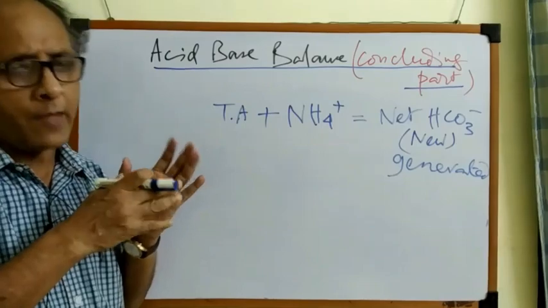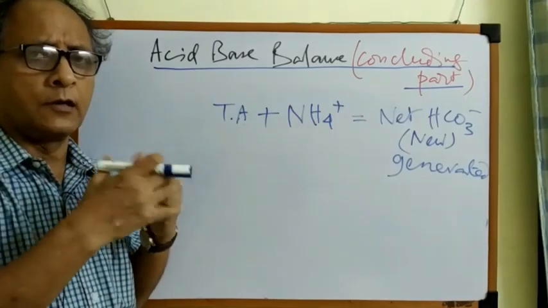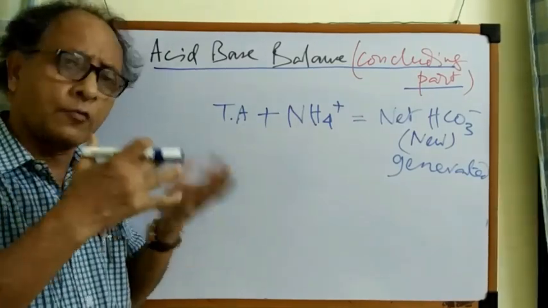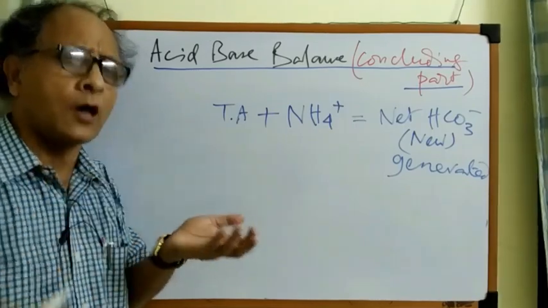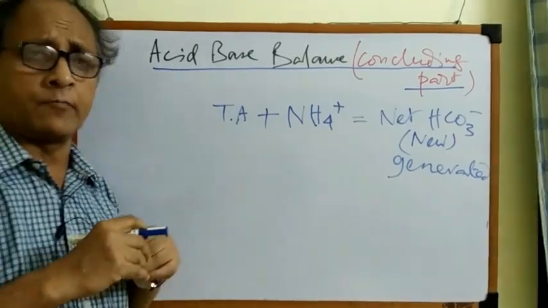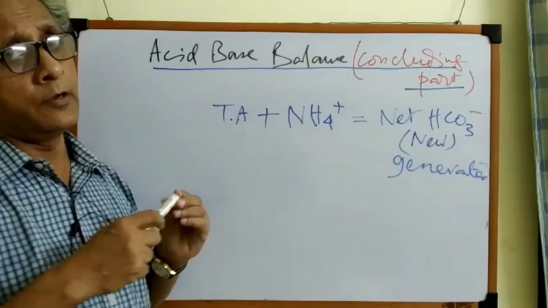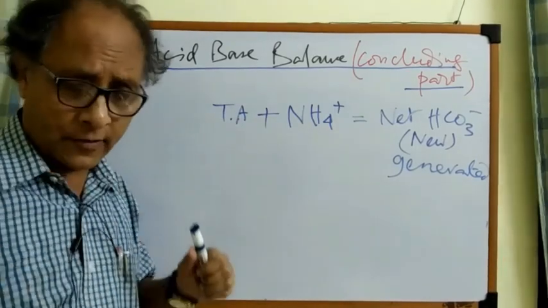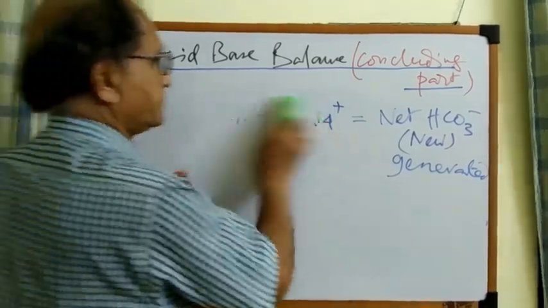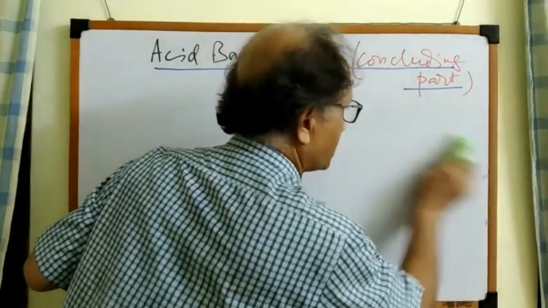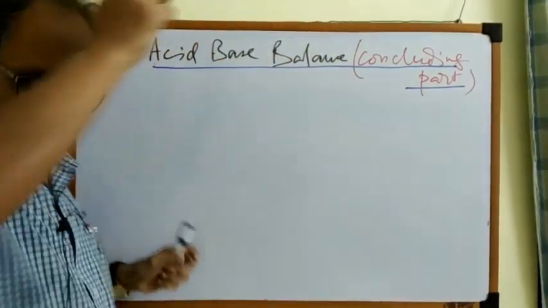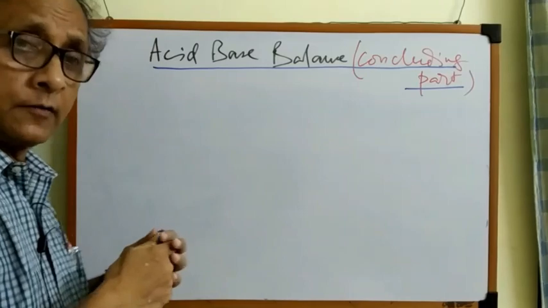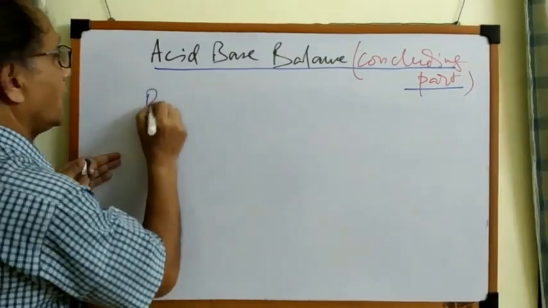In future, when you learn acid-base imbalance in detail, all these things will come into play. That's why I am just mentioning these terminologies. So this is about that. Now the next important thing I would like to discuss is the regulation.